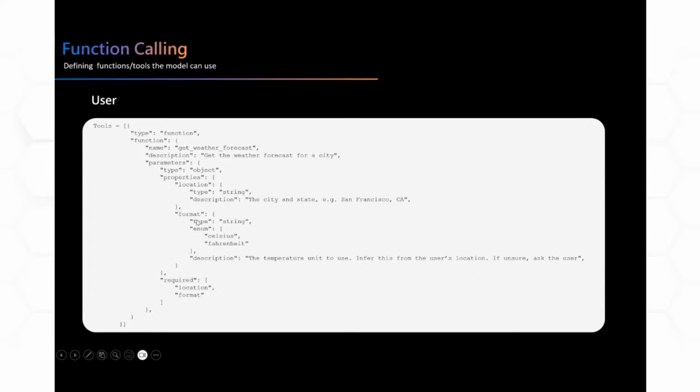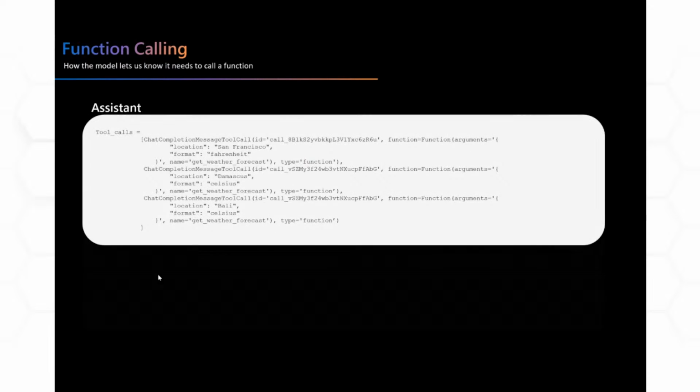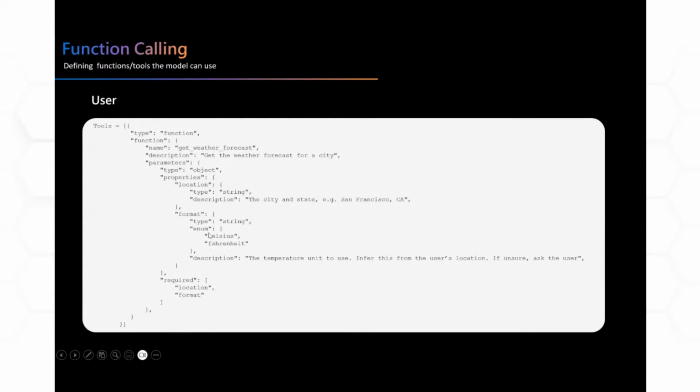And for format, the type is string, and it's an enum. It can be either Celsius or Fahrenheit. And the description is the temperature unit to use. You can infer it from the user's location, this location, not the actual user's location. And if unsure, ask the user.